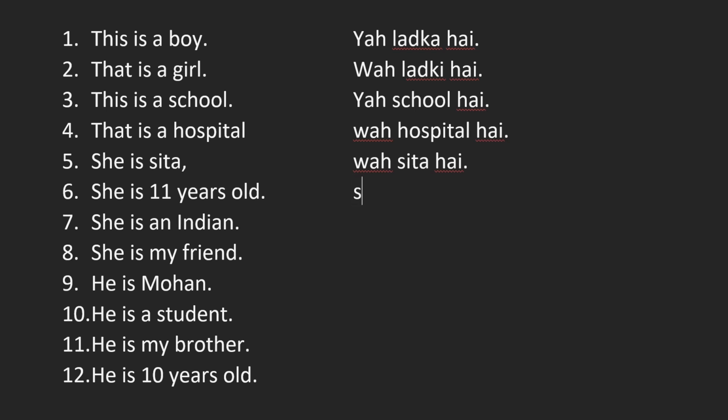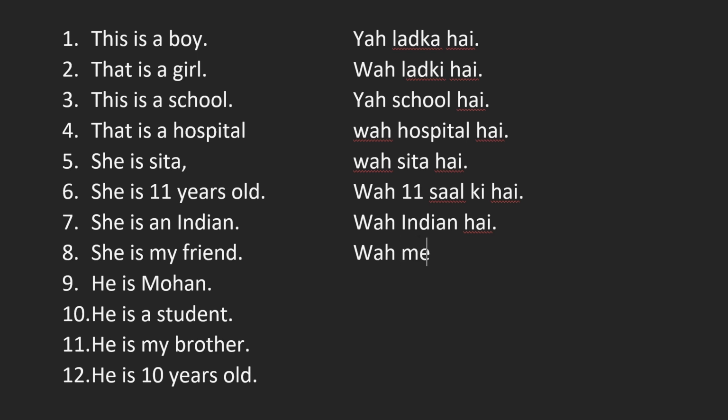How to say? It's वह 11 साल की है. Next sentence, how to say she is an Indian? वह Indian है. How to say she is my friend? वह, and because Sita is female, her friend is female here, so it will be मेरी दोस्त है.